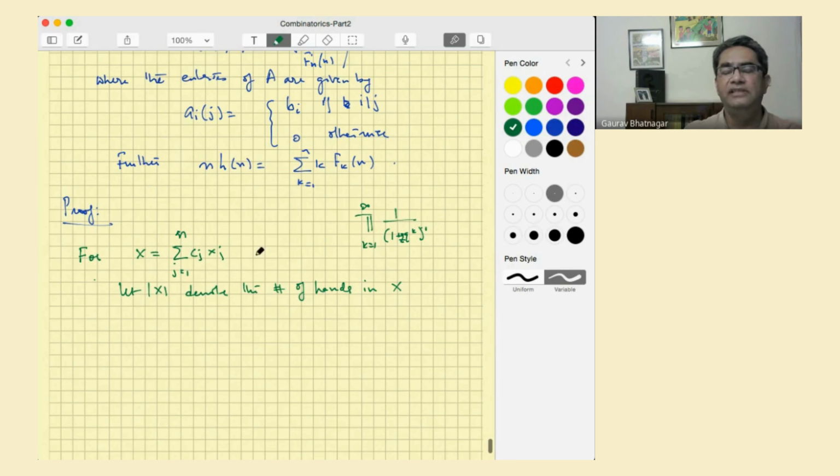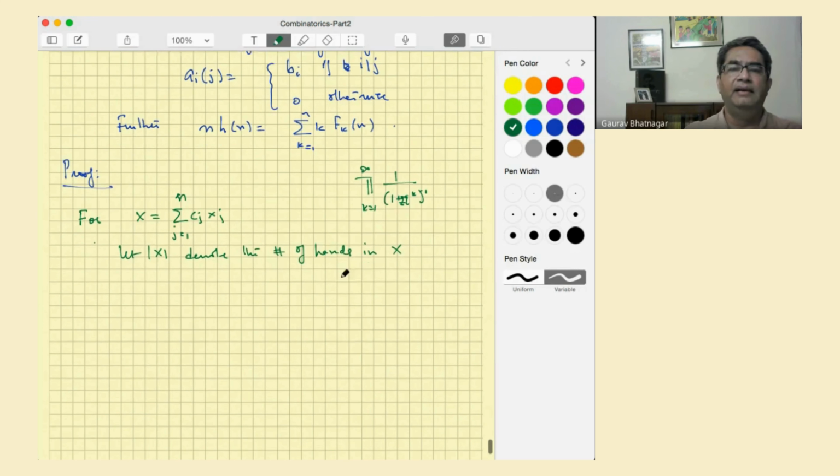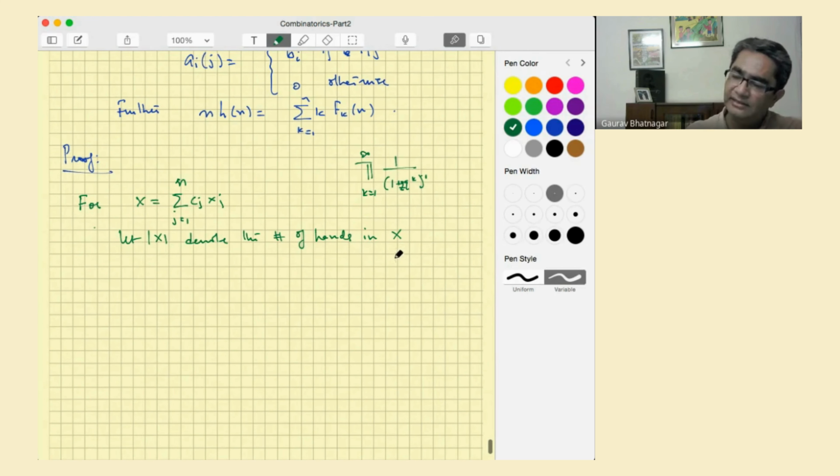This is the formal symbol where we are taking these sets, c_j x_j. Let x denote the number of hands in X, and let f_k(X) denote the number of k's in hands in X.